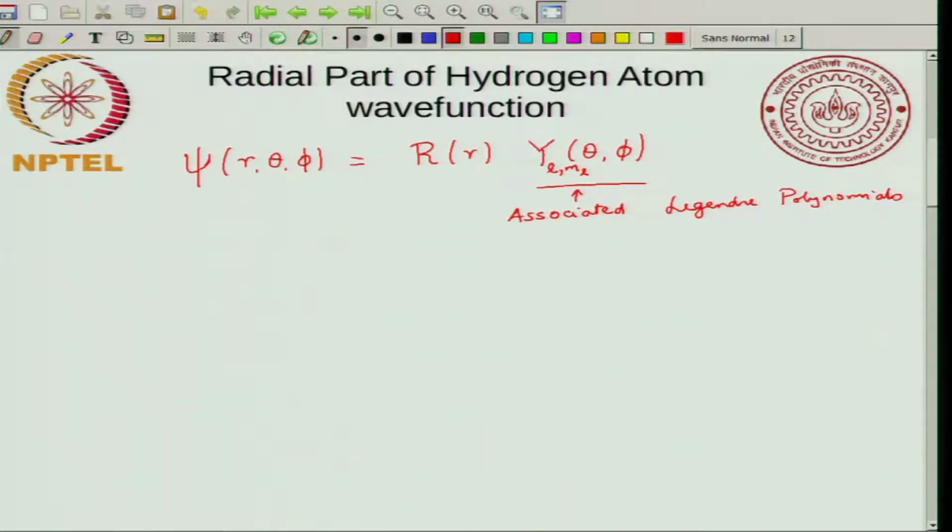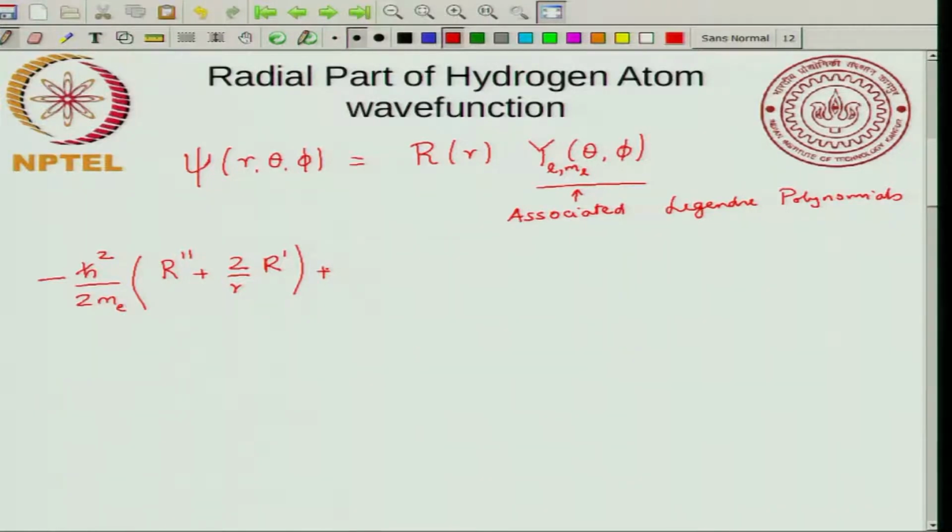I will write it in spherical polar coordinates, and I will just write the expression: minus h cross square by 2 m_e, where m_e is the mass of the electron, and I have R double prime plus 2 by r R prime, plus now the angular part.